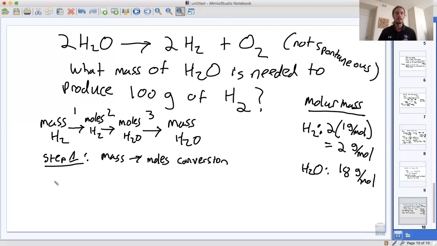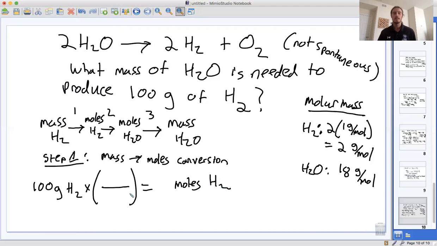Okay, so the first step, and I promised we'd go a little bit quicker, so that's what I'm going to do. 100 grams of hydrogen. How many moles of H2 is that? We're going to multiply by a conversion factor, and we need to end up with moles of H2. So that means we need grams of H2 to cancel, so that has to be on the bottom. We need to have moles of H2 on the top.